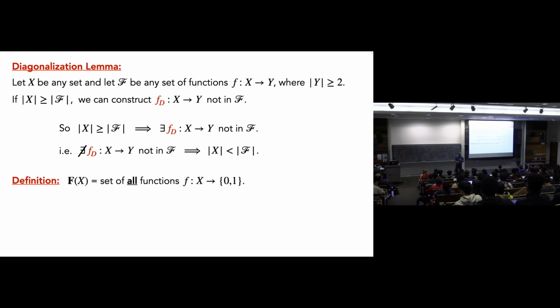So in this situation, it must be the case that the size of x is strictly less than the size of f. Okay, so the corollary of this is that for every set x, the size of x is strictly less than the size of f of x. Okay? Any questions here?